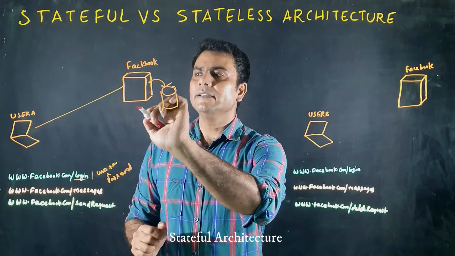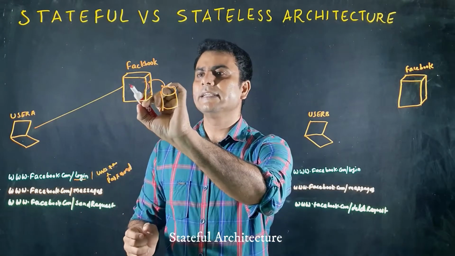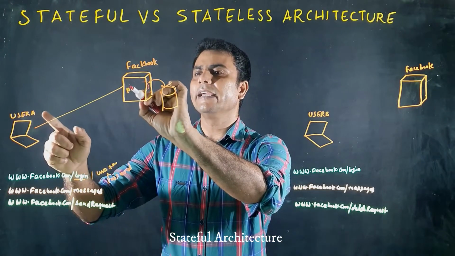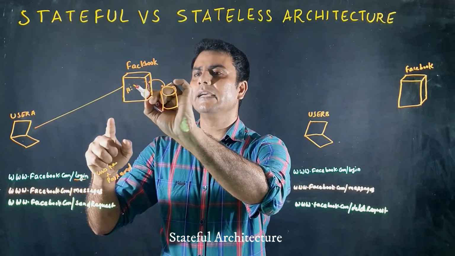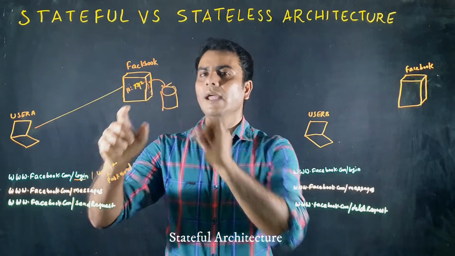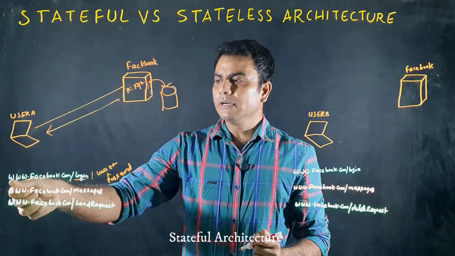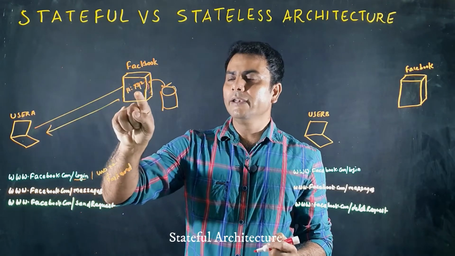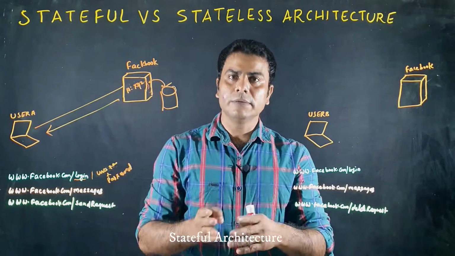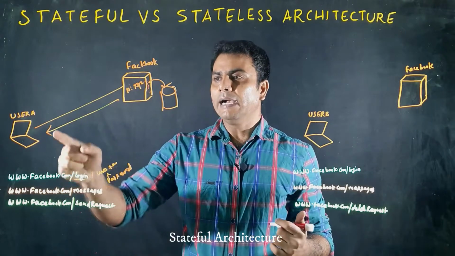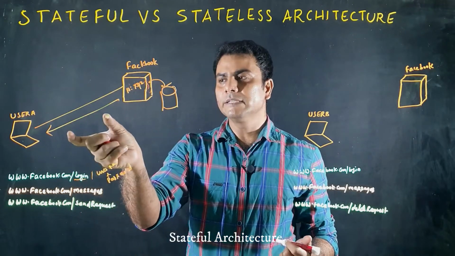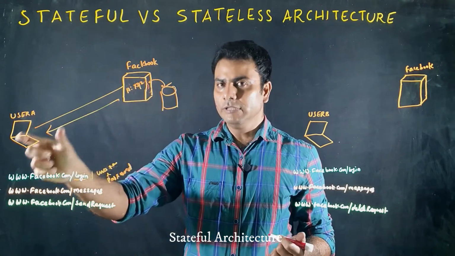Let's say the server created a session ID, user A and some session ID XYZ, and returns some identifier to the user. Now the user is able to log in, and the server redirects to the home page and also returns the session identifier to the user.